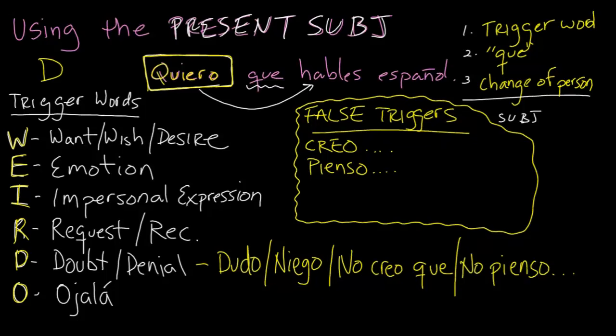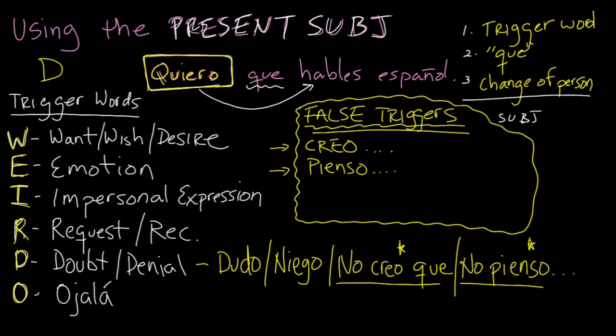Now if you'll look, I don't believe that and I don't think that, those are trigger words because there exists a little bit of doubt. But when they're in the affirmative, they are a part of our false friend. They are not trigger words.